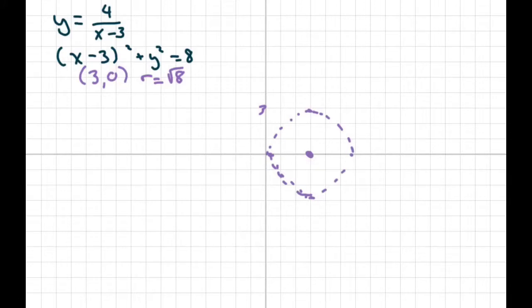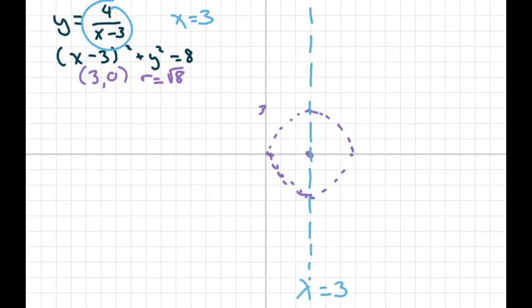All right. And we know this one is a horizontal shift to the right by 3. We also have a vertical asymptote at x equals 3 because you can't divide by 0. That would be 4 over 0. So we have our vertical asymptote at x equals 3. I also know my intersection points were (5, 2) and (1, negative 2).